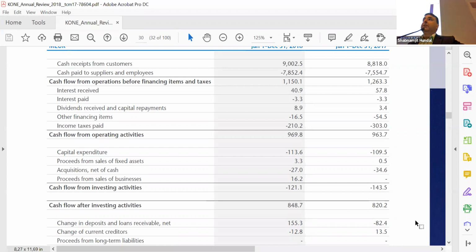Investing is an expenditure. Ideally, the sign of an expanding or progressing business is that cash from investing is negative. And cash from financing could be plus or minus, depending upon whether the shareholders are giving you money or you are giving it back to them.